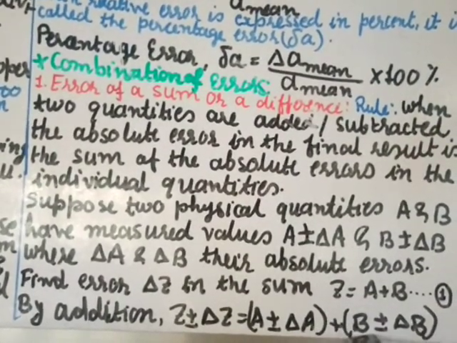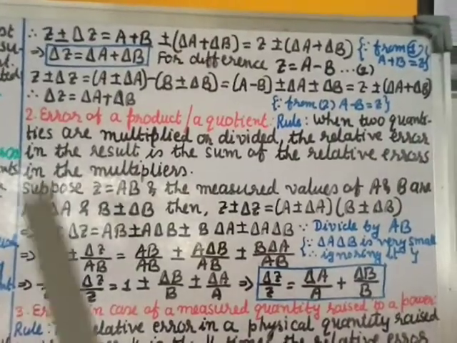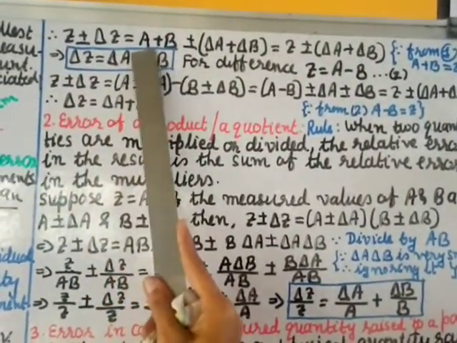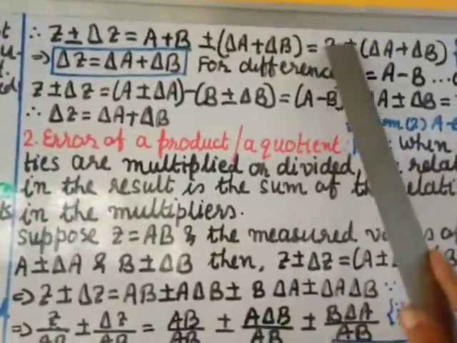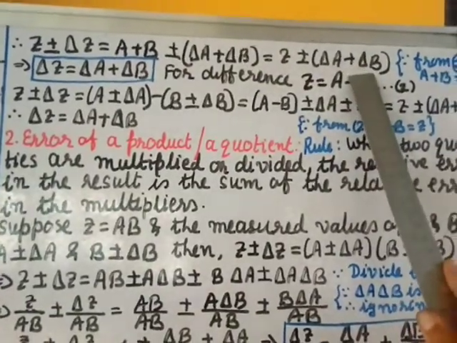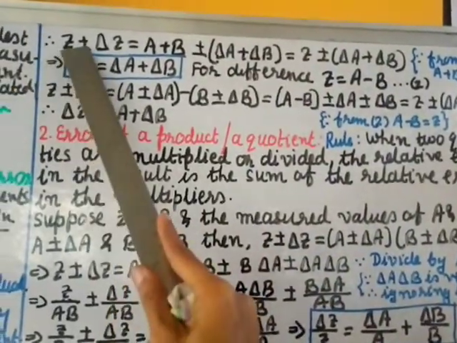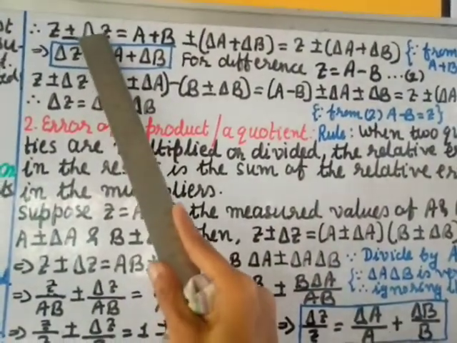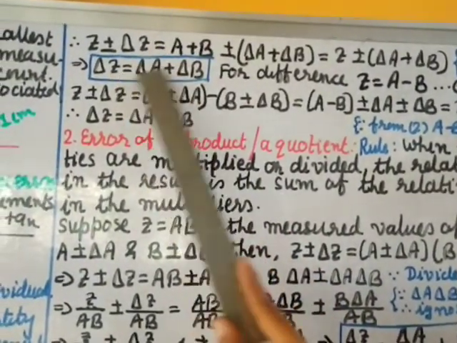I'll write A plus B plus or minus, taking common, delta A plus delta B. So Z plus or minus delta Z is equal to A plus B plus or minus delta A plus delta B. Now A plus B, from number 1, is Z. So instead of A plus B, I am writing Z plus or minus delta A plus delta B. Now this Z and this Z you can cancel, and the plus or minus also you can omit. So we get delta Z is equal to delta A plus delta B. This is for the addition, so we have added the errors.